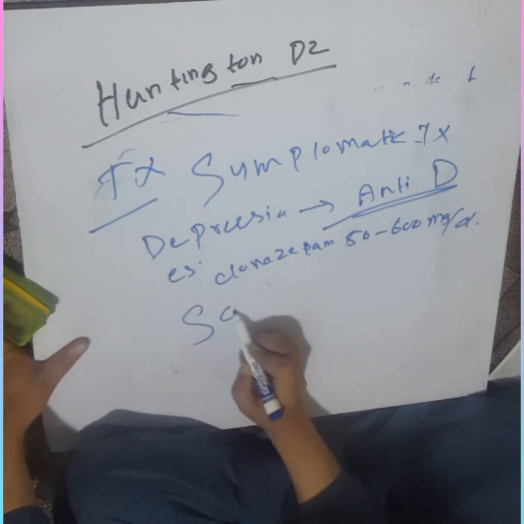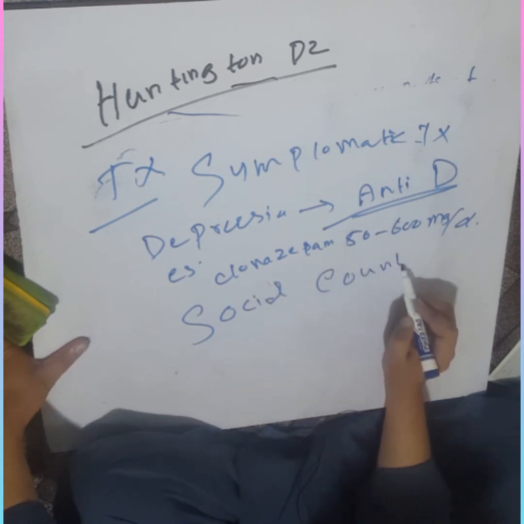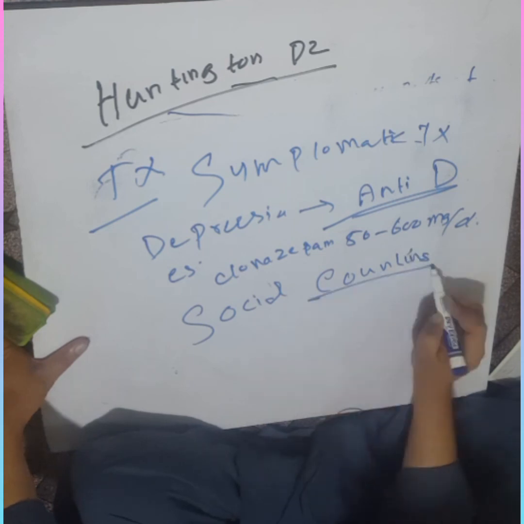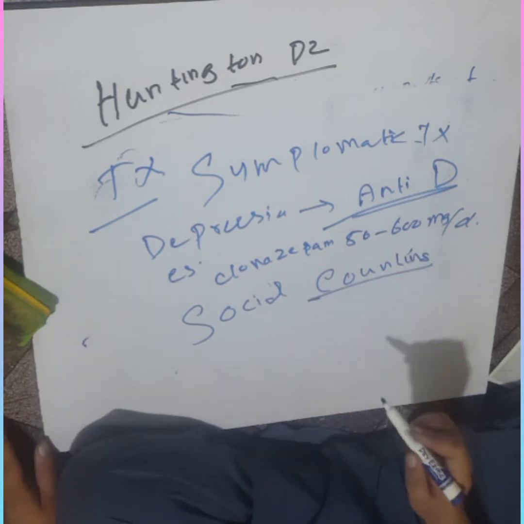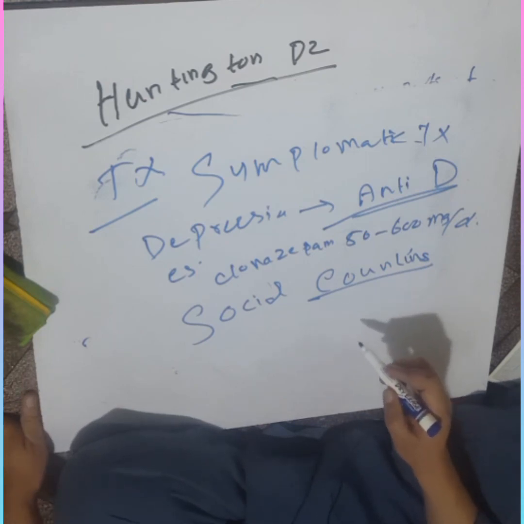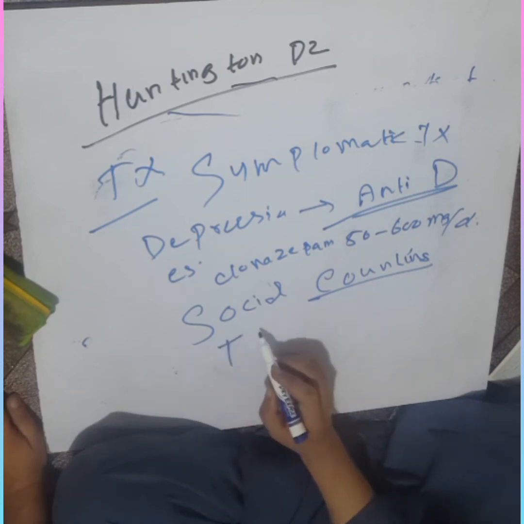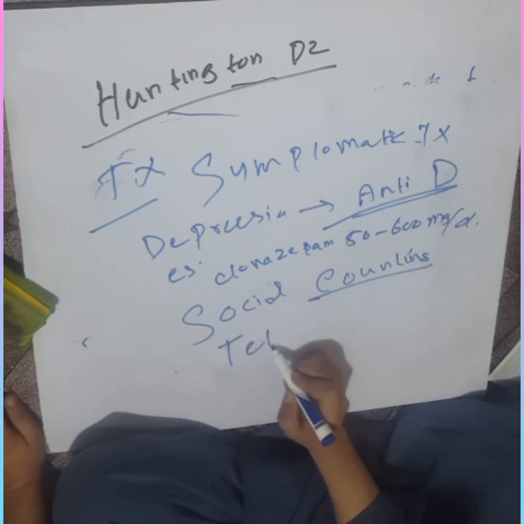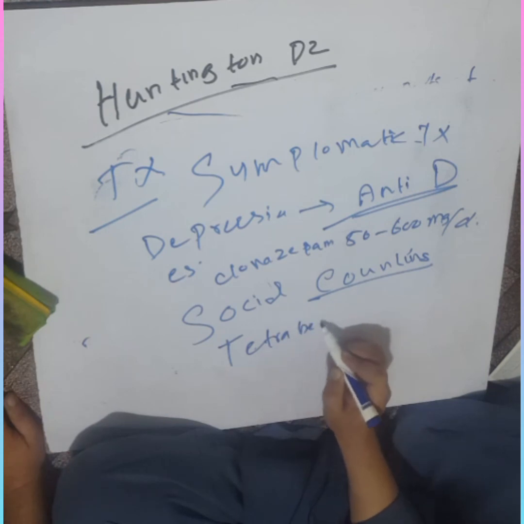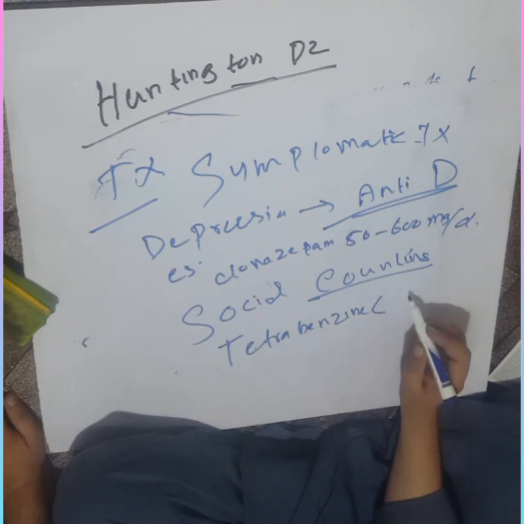We give social counseling to the patient because they may develop suicidal thoughts. We give tetrabenazine. Tetrabenazine is a dopamine depleting agent.